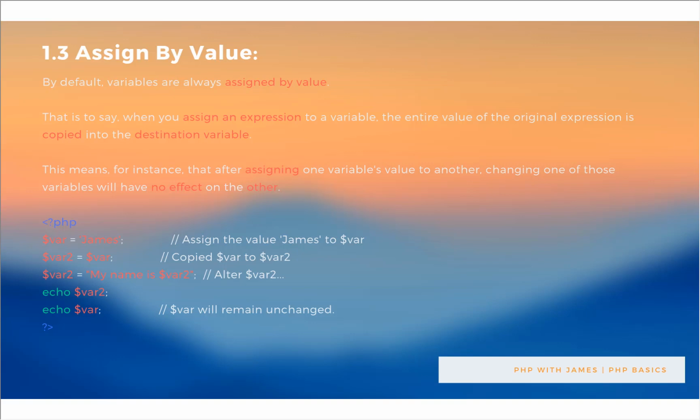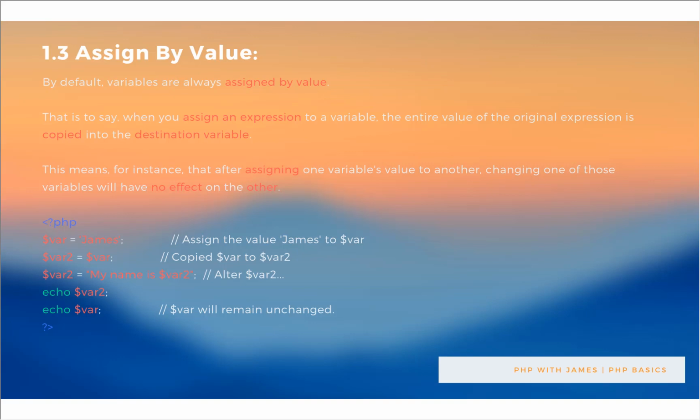So first of all is assign by value. By default, variables are always assigned by value. That is to say, when you assign an expression to a variable, the entire value of the original expression is copied into the destination variable. Like one thing is the expression and one thing is the variable.